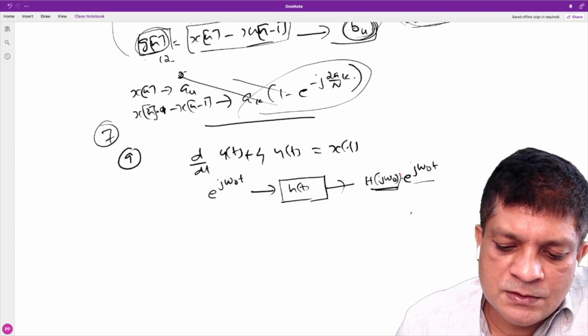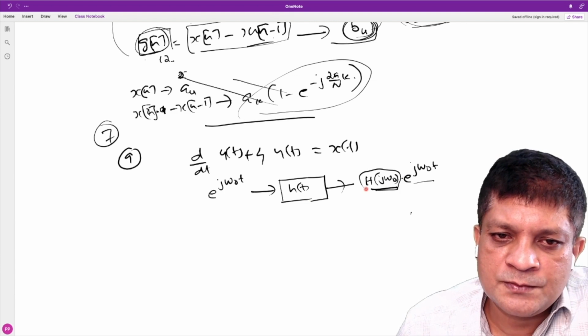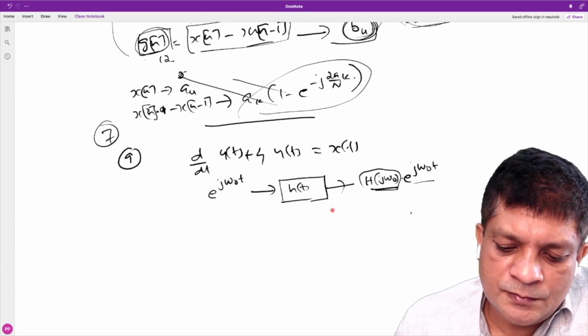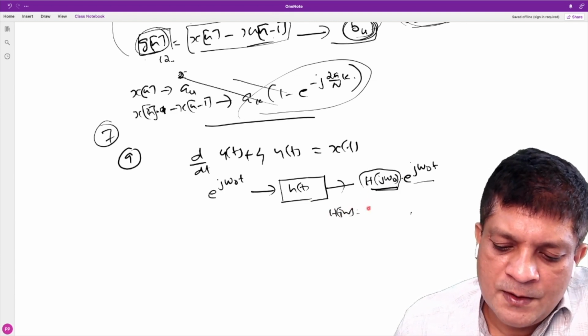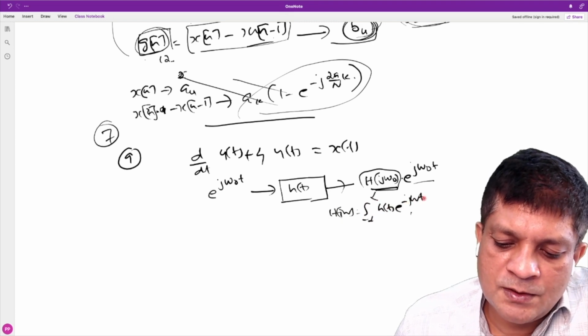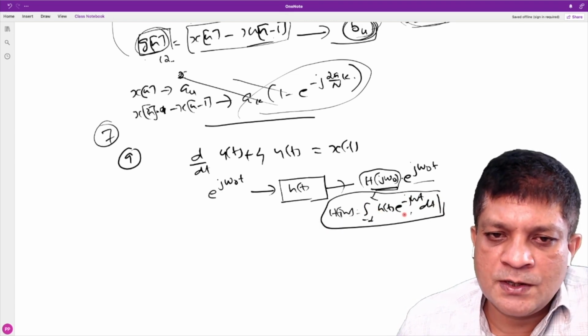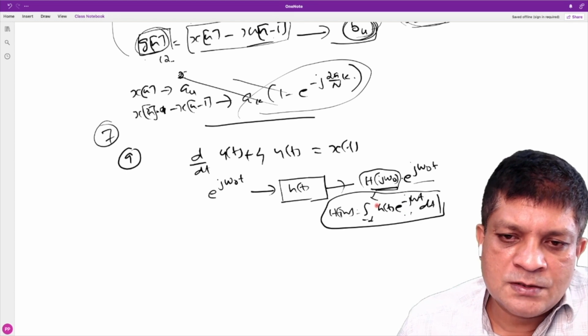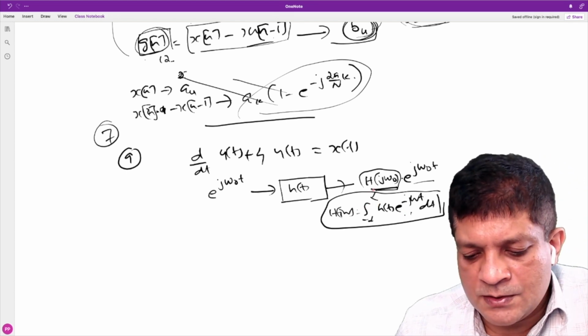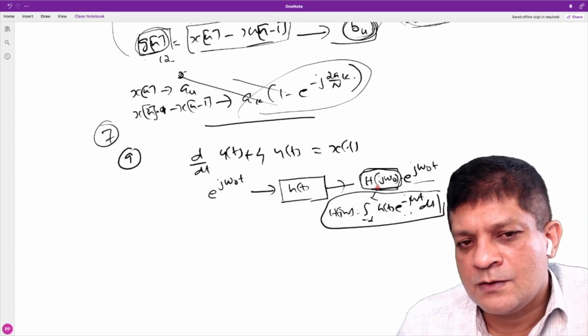And what is this H(j omega)? It is the integral of h(t) into e to the power minus j omega t dt. We will discuss this later on. But here there is a method to find this.